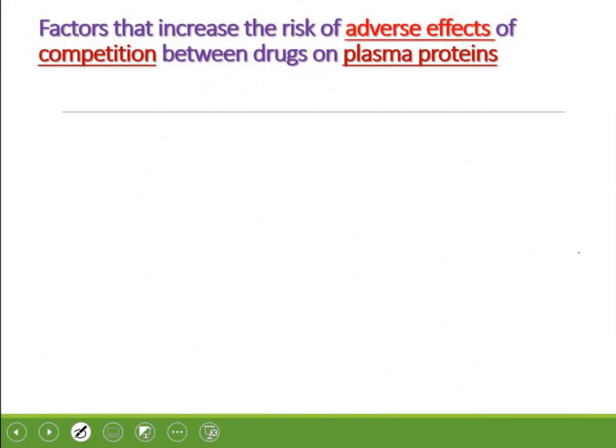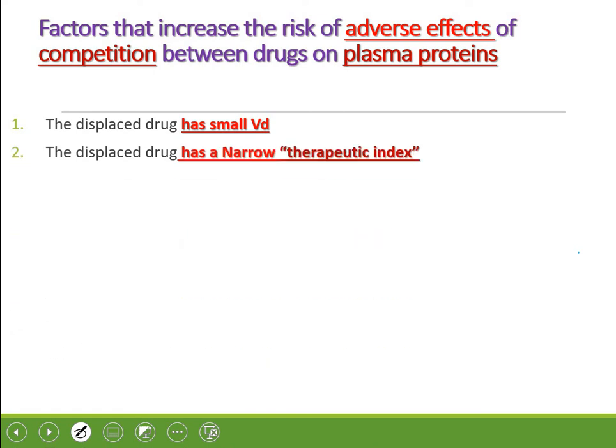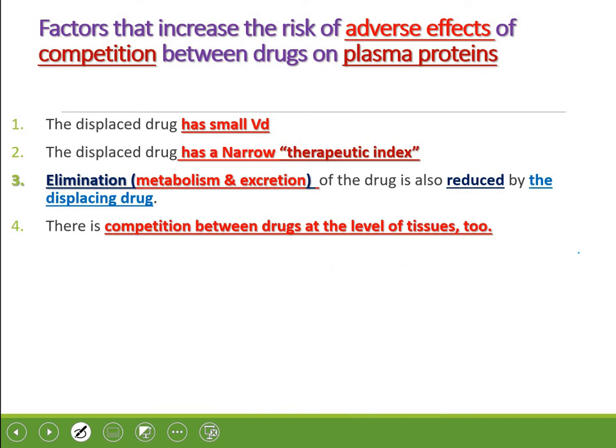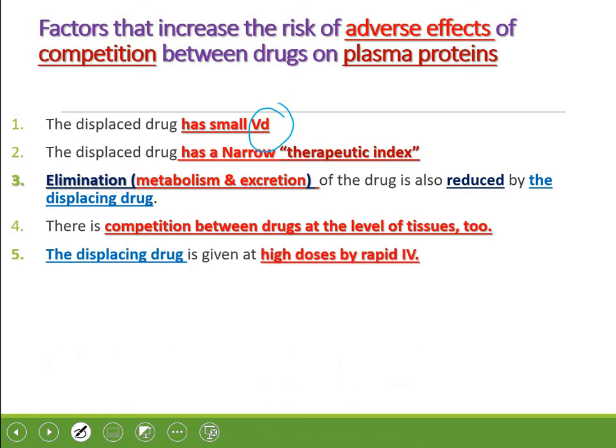So the factors that increase the risk of adverse effects, especially when competition with displacement of the drug is there: if the drug has a small volume of distribution and a narrow therapeutic index like digoxin, then it can create problems in these patients, because if the drug is easily displaced and the therapeutic window is very small, then the toxicological symptoms of the drug will appear.